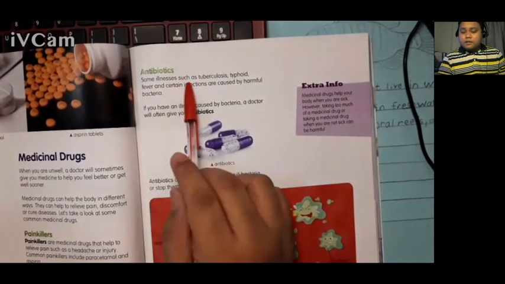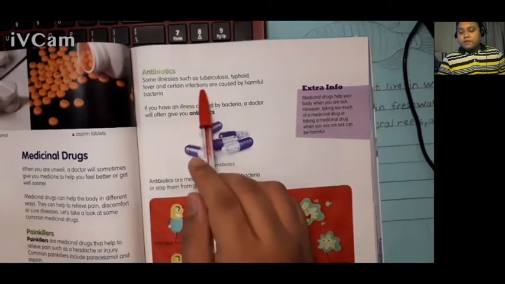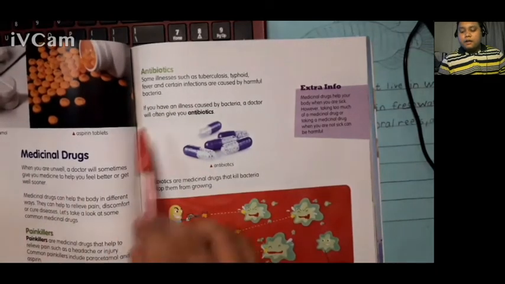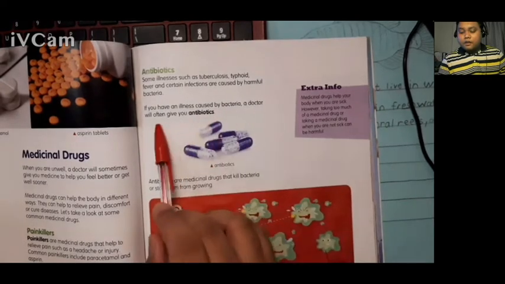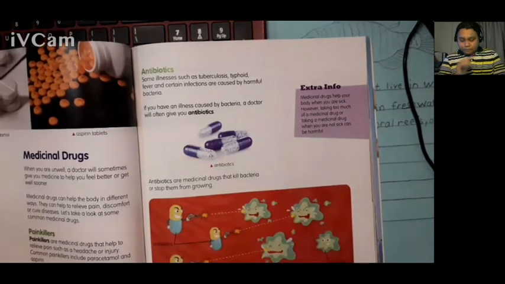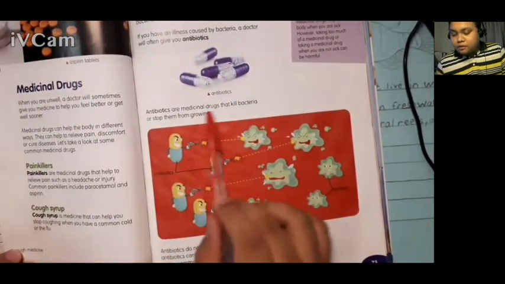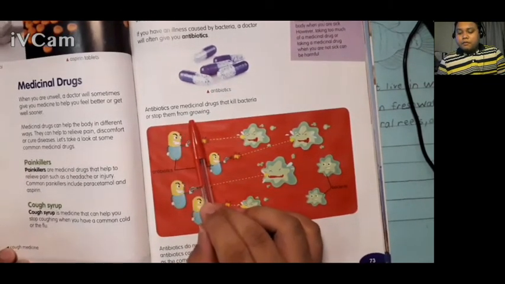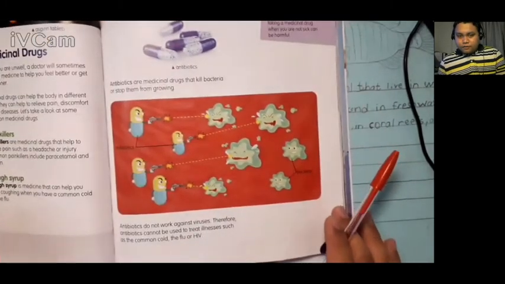Some illnesses such as tuberculosis, typhoid fever, and certain infections are caused by harmful bacteria. If you have an illness caused by bacteria, a doctor will often give you antibiotics. Antibiotics are medicinal drugs that kill bacteria or stop them from growing. So we have a very interesting picture here.